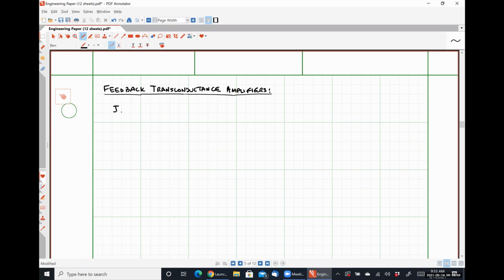So in our ideal case, that is going to look something like this, where I'm just going to explicitly state again that our signal resistance is 0 ohms, our load resistance is infinitely large, and our feedback network, which I'm just going to say K, does not load our amplifier circuit. So for this particular configuration, we're going to have something that looks like this.